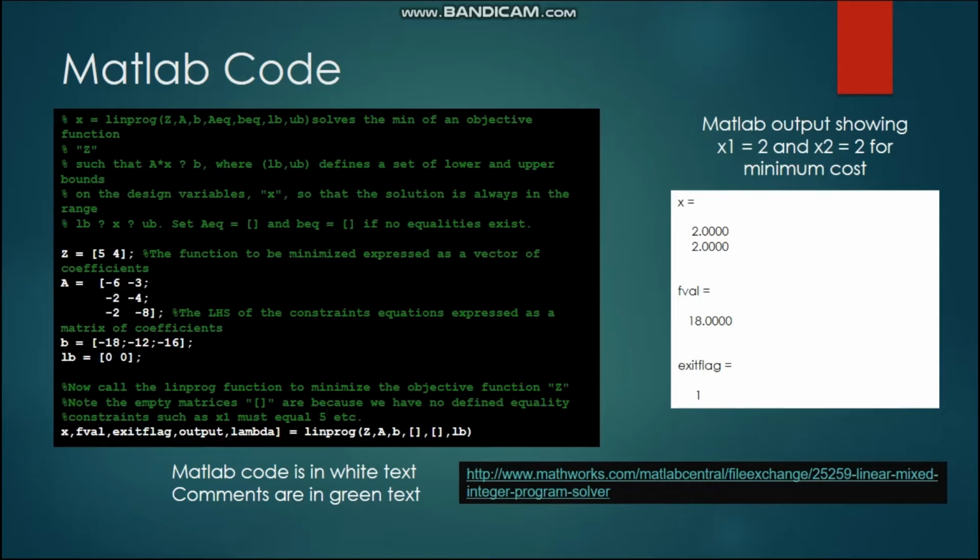So we call the function linprog. We pass to that the z, the A, the B, the right hand side of the constraints, and then you'll see these open square brackets with nothing inside them. These represent equality constraints. We have no equality constraints in this case, but let's say you had a management directive that you must purchase 2 bags from manufacturer 1 because of some contractual agreement.